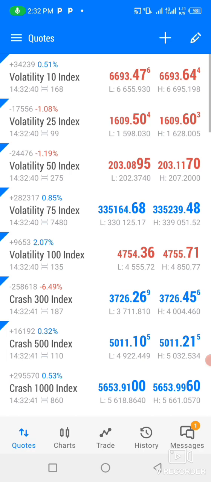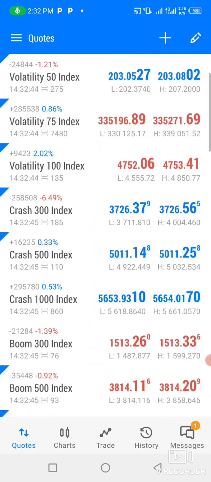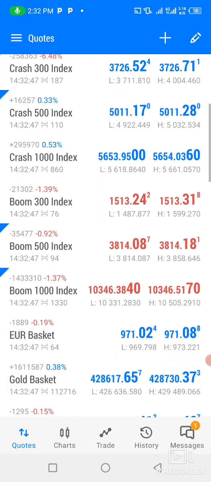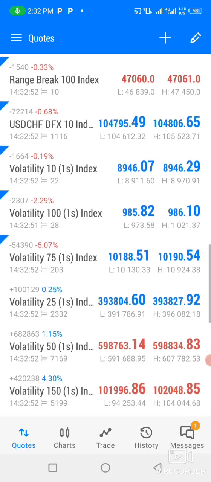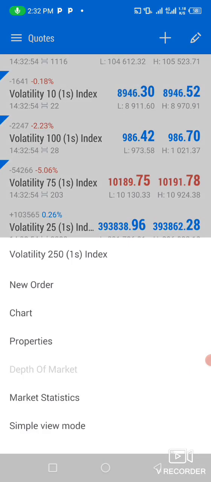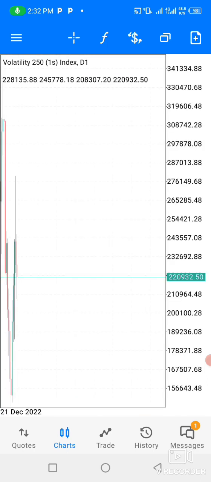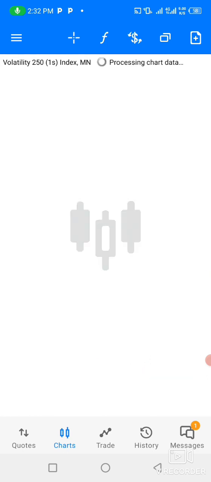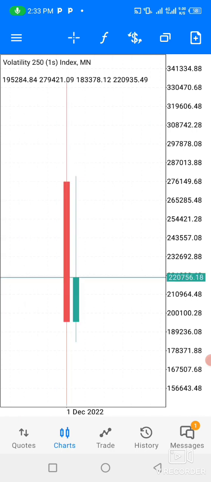Okay, if we check the Volatility 250 index, this is the Volatility 250 index. It is a new index, the same way 150 is a new index. So if you go to the monthly, we see a market that has 2 monthly candles.